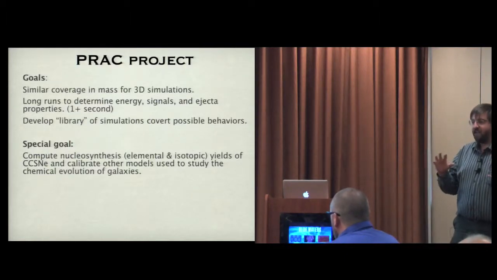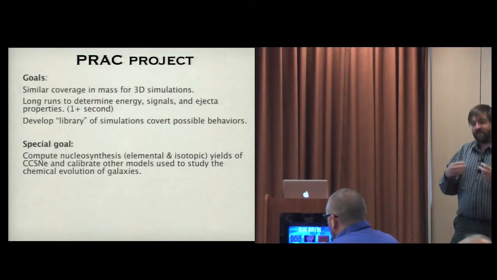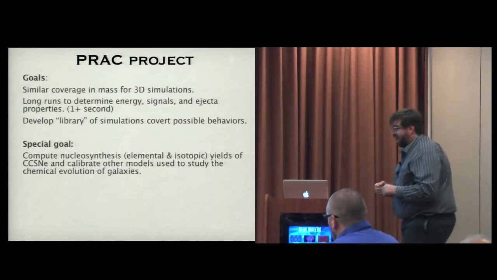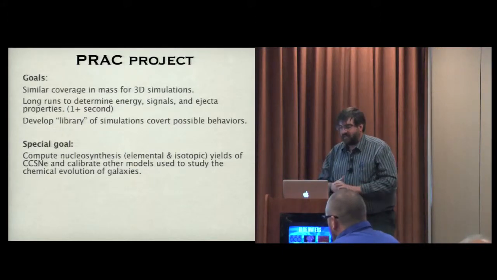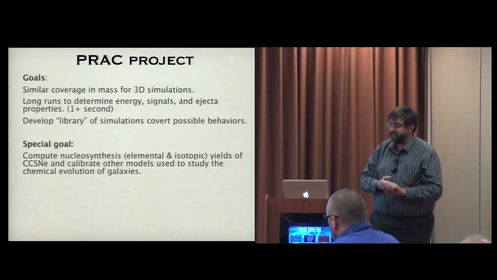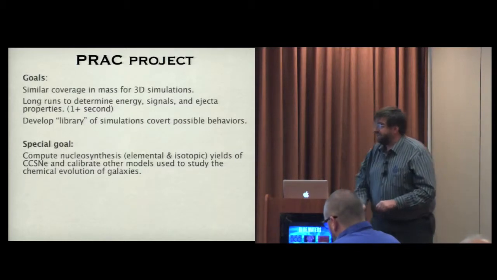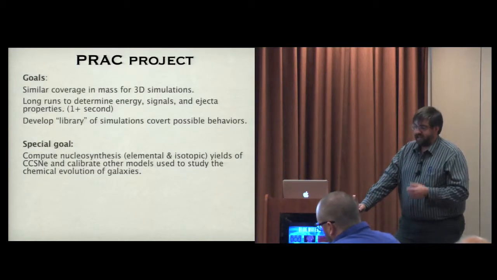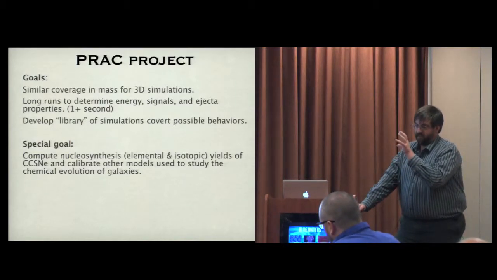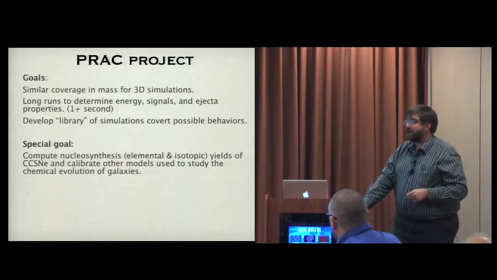So we can see if behaviors like that preferential axis are an artifact of resolution or even the fact that we have a pole. And in addition to this, we are very interested in computing the generation of new elements and isotopes in supernovae. And these are an important part of understanding how the universe evolved from the Big Bang to the present time in terms of the composition.